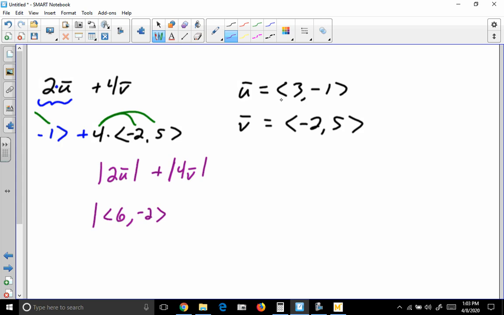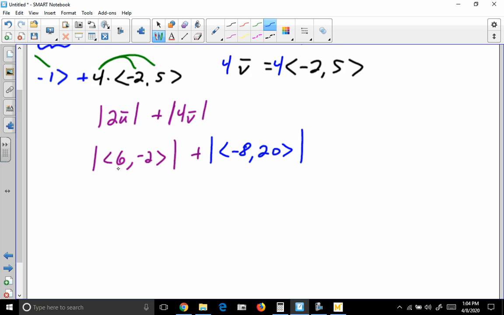So that's multiplying the x and the y components by 2. And then to get 4v, multiply the x and the y components by 4. So that'll give us negative 8, 20. And this wants us to get the magnitude of this one, the magnitude of that one, and add them together.